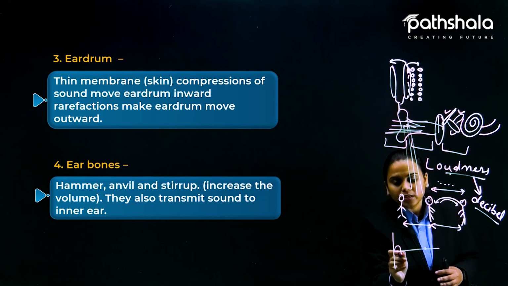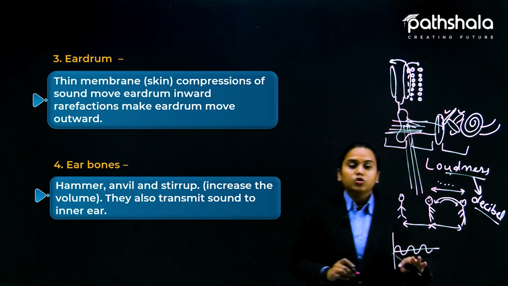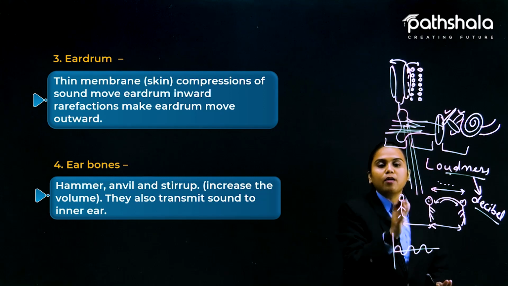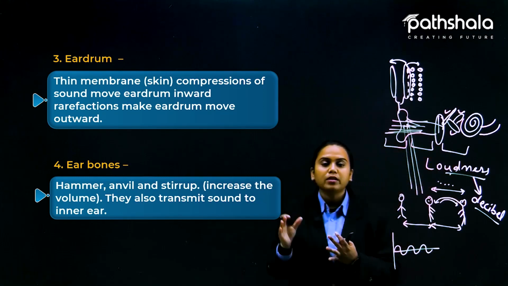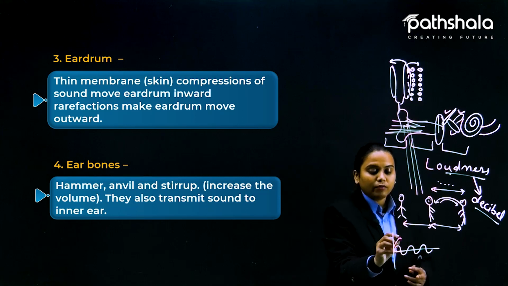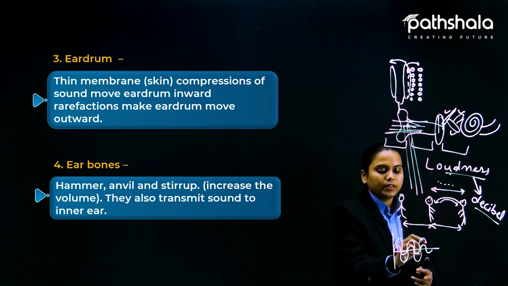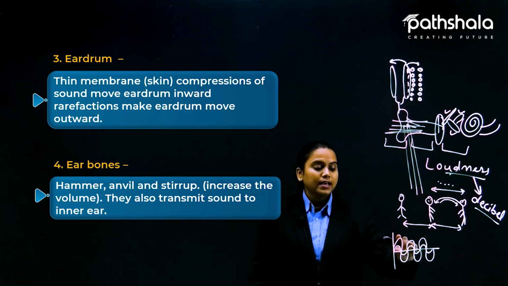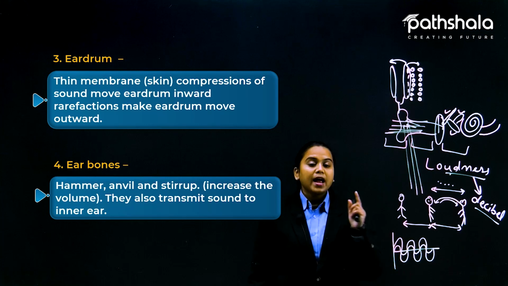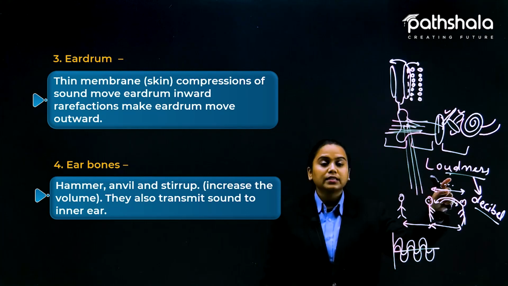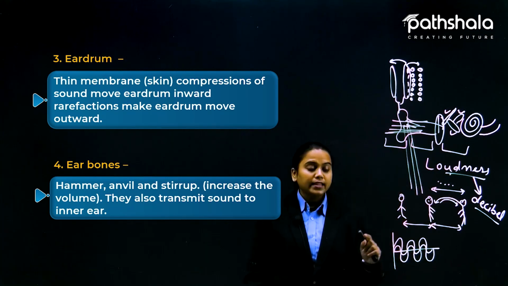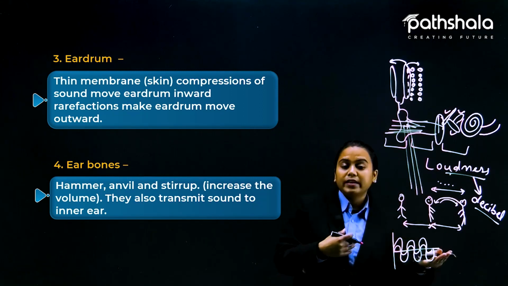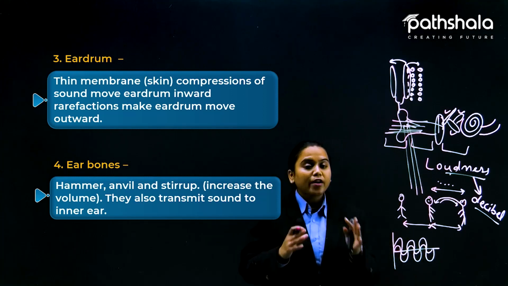Yes, earlier let's suppose the sound was coming at this pace, so the amplitude here is less. After moving through these three bones, that is hammer, anvil and stirrup, the amplitude will increase. So now we can say that this is going to increase the loudness, and I have already told you in the loudness part that when we increase the amplitude, the loudness increases by the square of it.